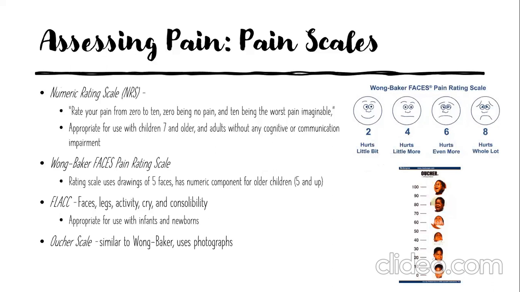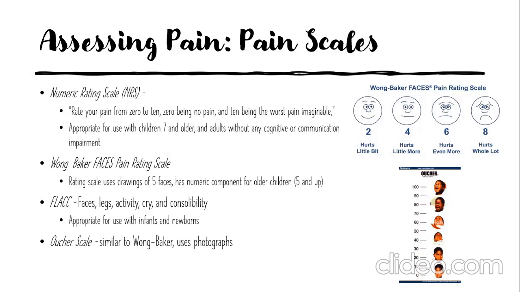In assessing pain, again, you've got all these different scales. This is the Wong-Baker FACES, which is similar to the Oucher scale below, except the Oucher scale uses actual photographs. These are scales that are used for children. I mean, you could use them based on developmental stage.